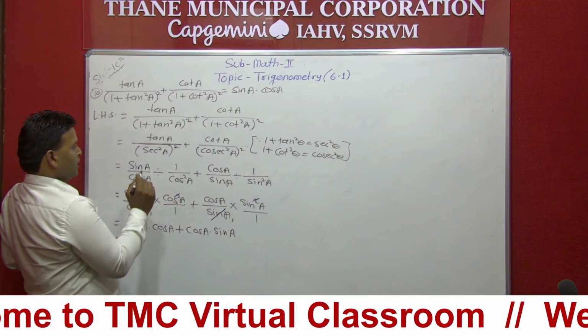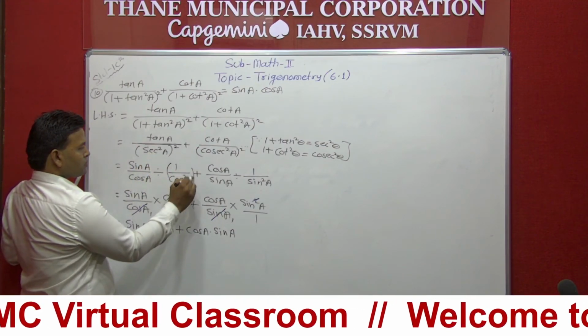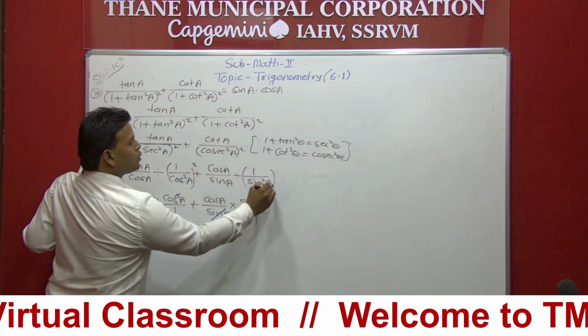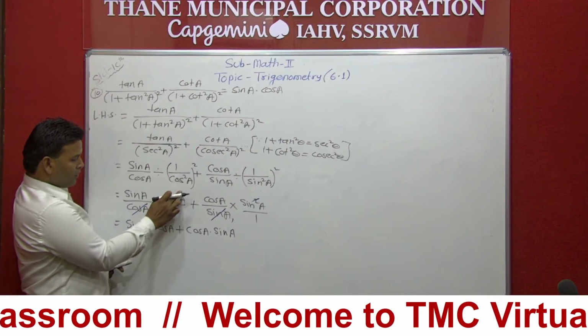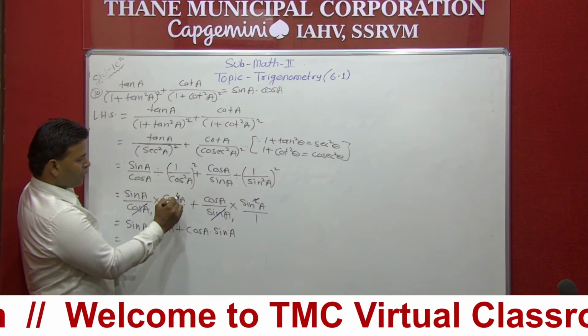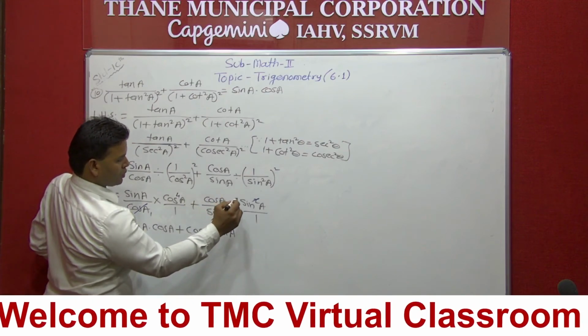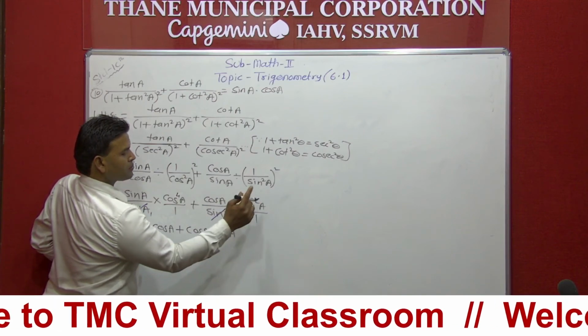Finally now see, this will become the square and here also the square, and finally this is going to be power 4, and this one is also going to be power 4. Just a minute.